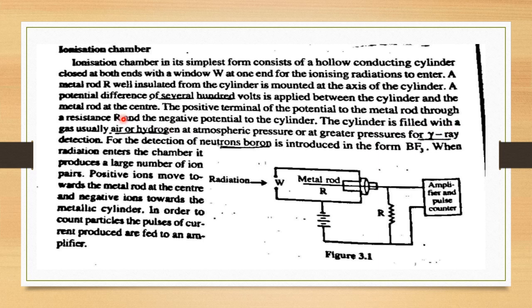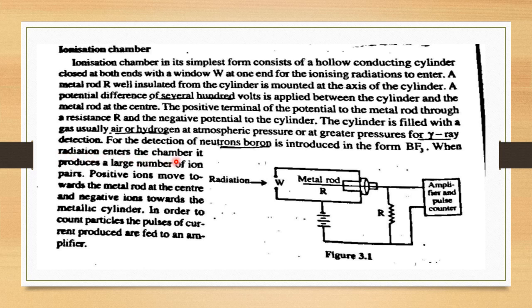The cylinder is filled with a gas, usually air or hydrogen, at atmospheric pressure, or at greater pressure for gamma ray detection. For the detection of neutrons, boron is introduced.